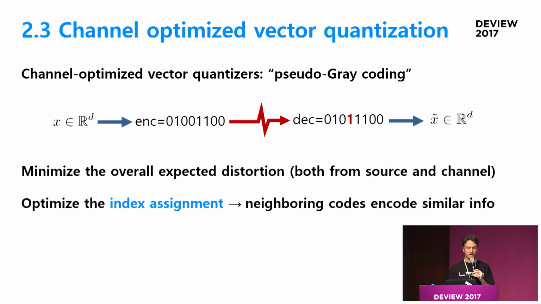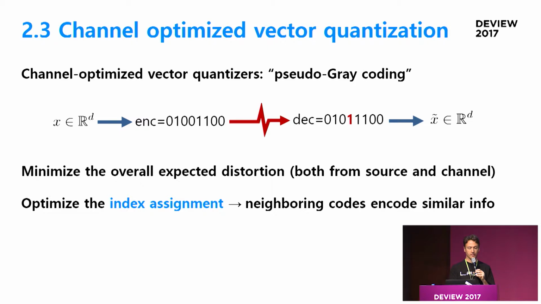But then you transmit it over a channel, and because there might be noise, you might, for instance, flip some bits. What we want to do is minimize overall distortion, meaning the distortion that is incurred by the lossy compression stage, but also the distortion which is incurred by possible noise.